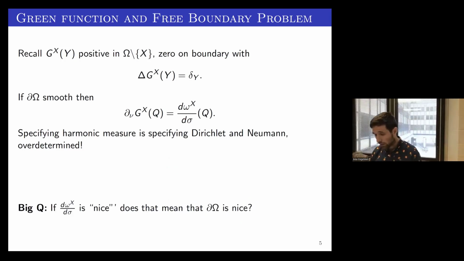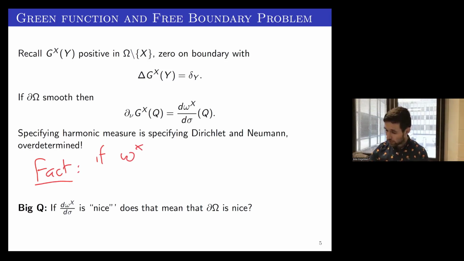So in particular, we can ask this question without immediately thinking that we're going to fail. If we know something about this Radon-Nikodym derivative, does that mean that we know something about the boundary? So the easiest example of this is the following fact, which is kind of nice.